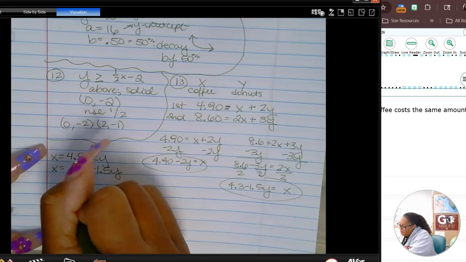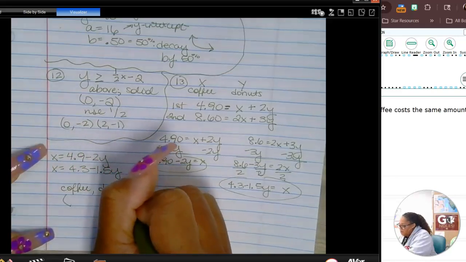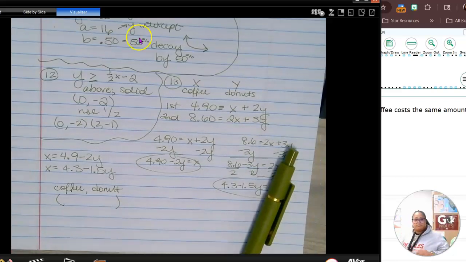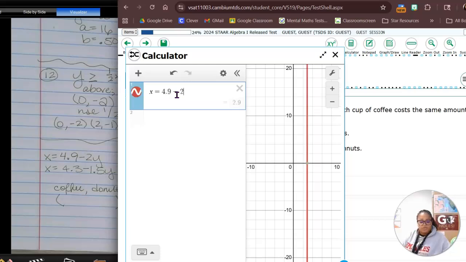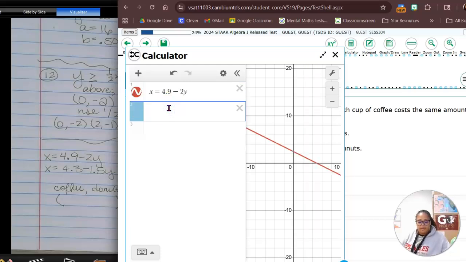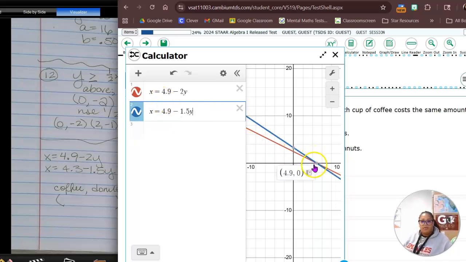First part of my point will be for coffee. Second part of my point will be for donuts. Alright, so I got x equals 4.9 minus 2y, and then I got x equals 4.3 minus 1.5y, and they cross here at, oops, there we go.